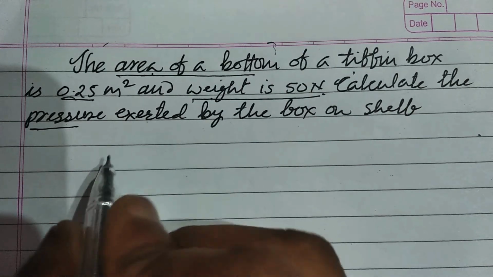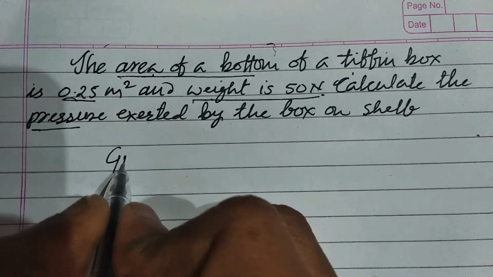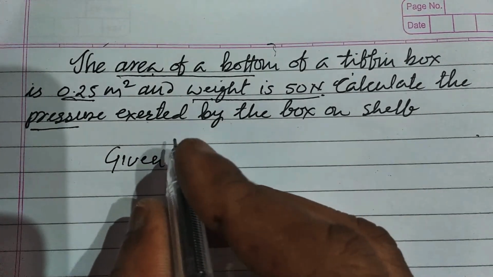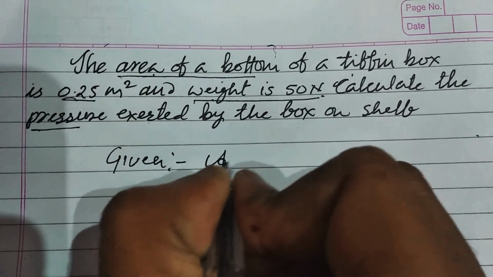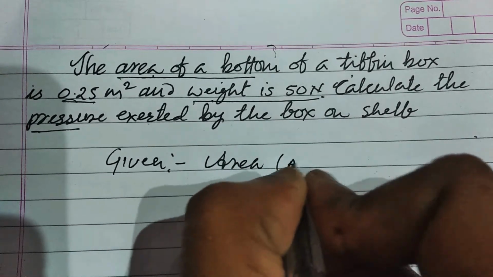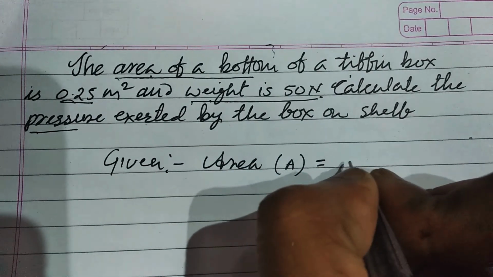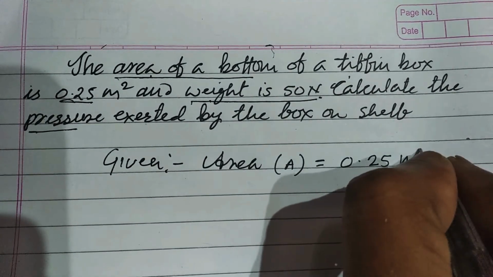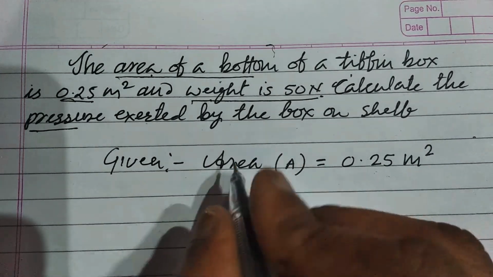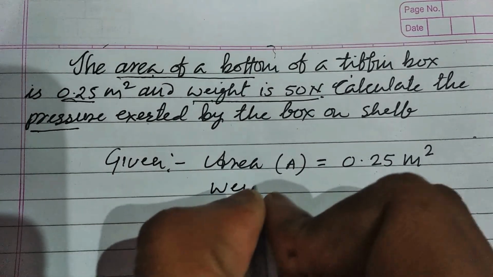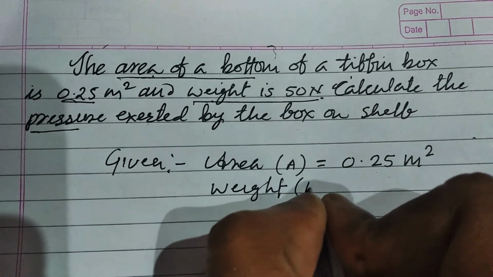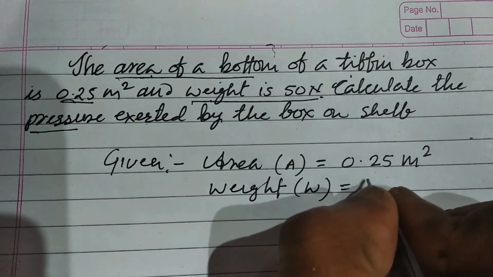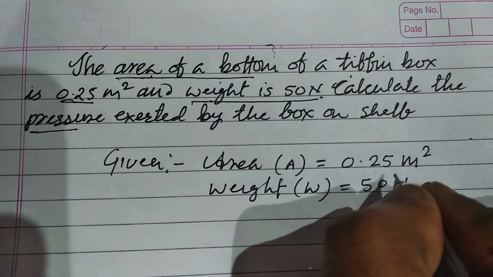What are the given? That is the area of the tiffin box and the weight of the tiffin box, which I am going to mention. So here is the given: first of all, area, denoted by A, is 0.25 square meter, and another one, weight, denoted by W, is 50 Newton.